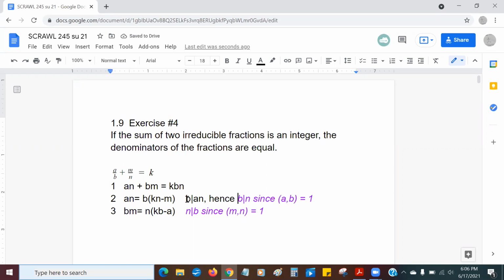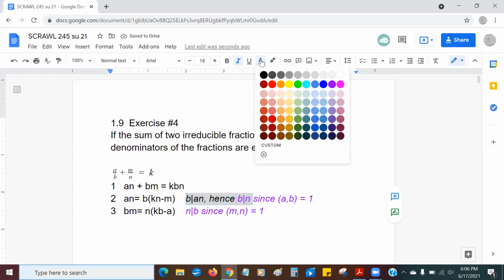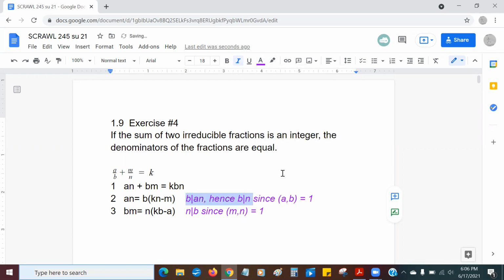Since b divides the right hand side of the equation, it divides the left hand side. Now, since a and b are relatively prime, if b divides an, that means that b has to divide n itself, because a doesn't have any common factors with b. They call this Gauss's lemma or something like that.